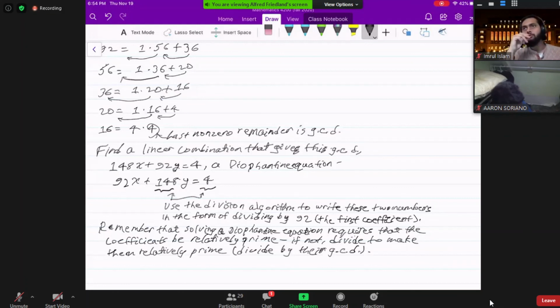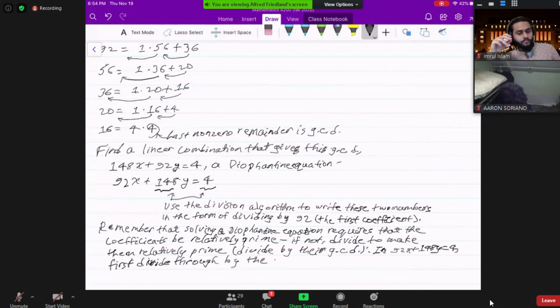So for instance, in what we have there, 92x plus 148y equals 4, first divide through by the GCD, which we found up here was 4.